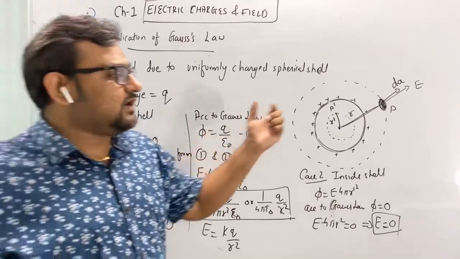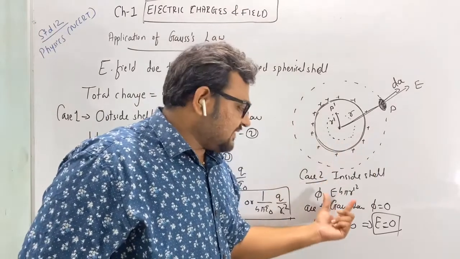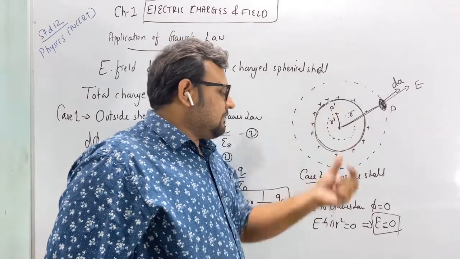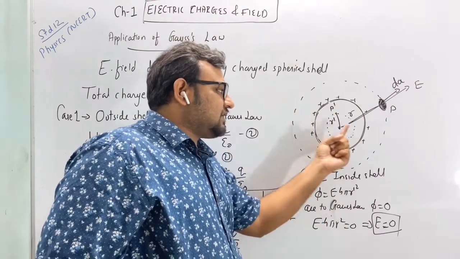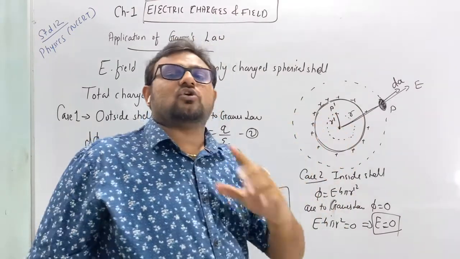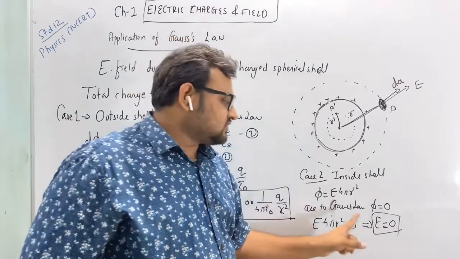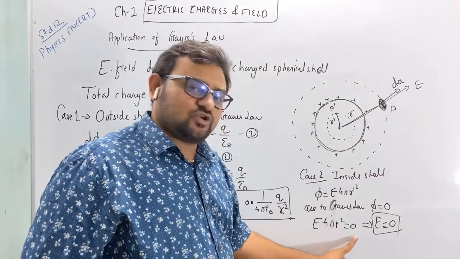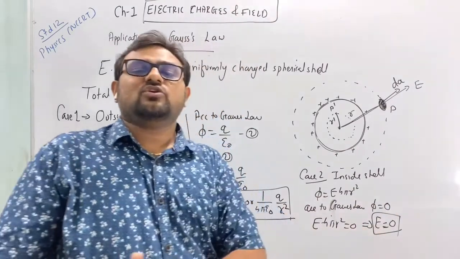But when you are taking a point inside, first there will be the same flux, E into 4 pi r dash square. But as there is no charge enclosed inside, according to Gauss law the flux will be equal to 0. So E into 4 pi r square equal to 0 implies electric field equal to 0.